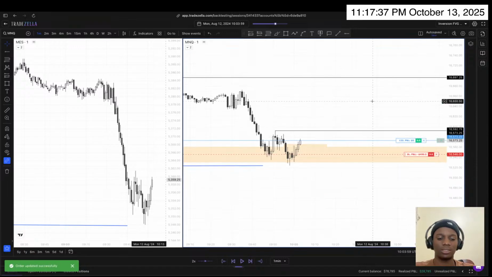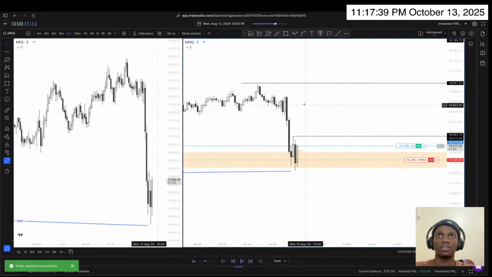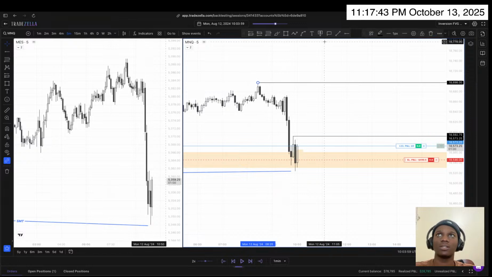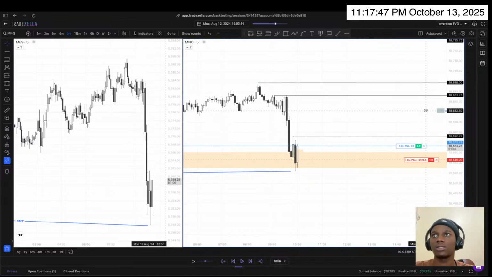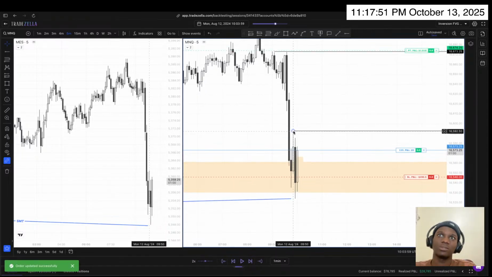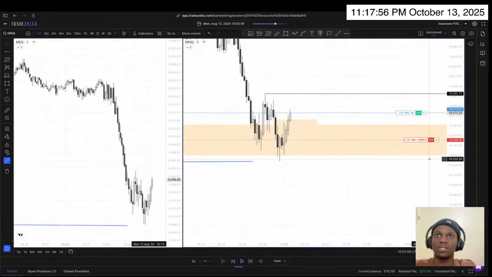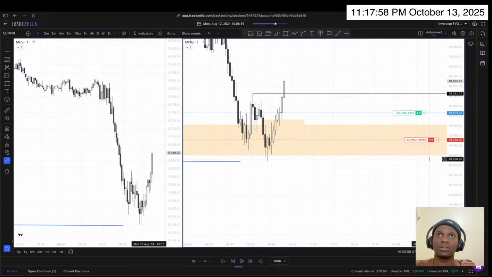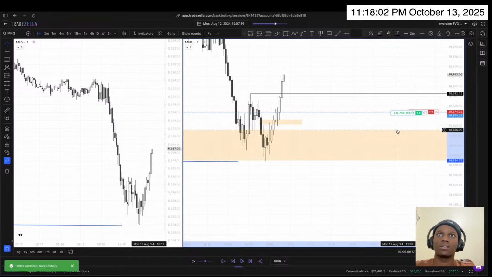So my ultimate target, I'm gonna check the 5 minute, will be these highs here, relatively equal highs as well. So the moment we tap into this thing here, I'll just move to break even because, alright, like this.